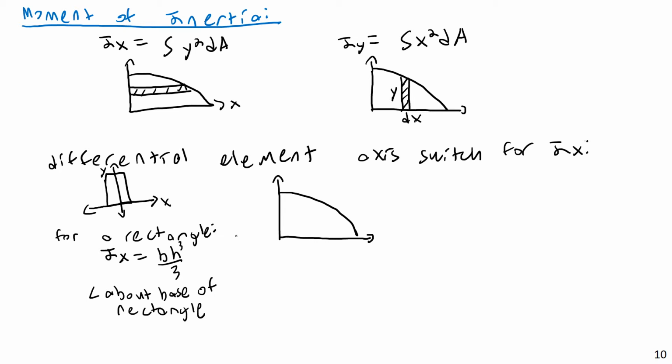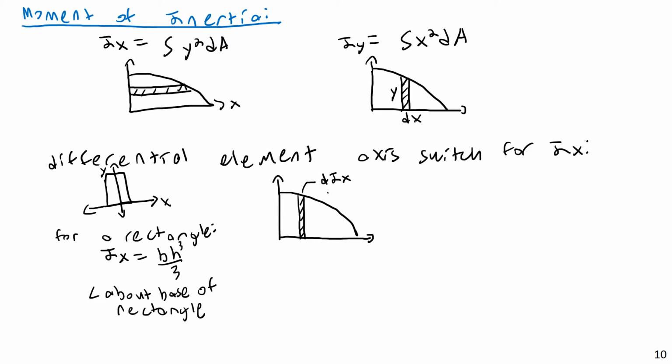But instead, we could use vertical rectangles, because we already know the moment of inertia of a rectangle measured about its base. So I'm going to use little dIx's here and sum the dIx's up as I go along.